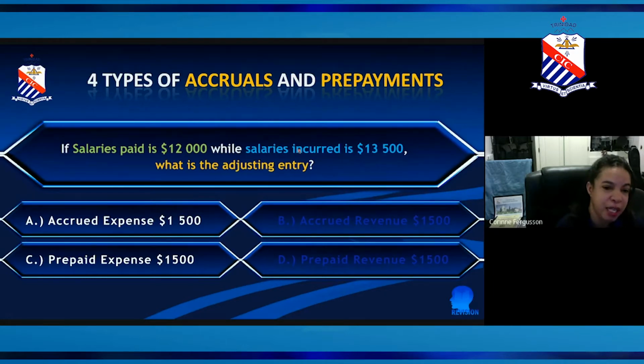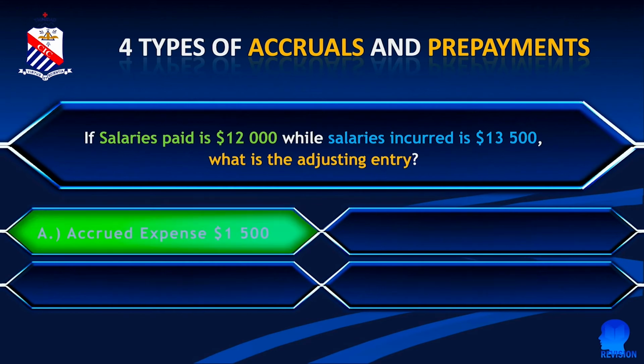So if you pay less, that means you're still owing. And what's the next word for owing? Accrued. So the answer is supposed to be A. Am I correct? This is less, right? Yeah, than incurred. All right, good.